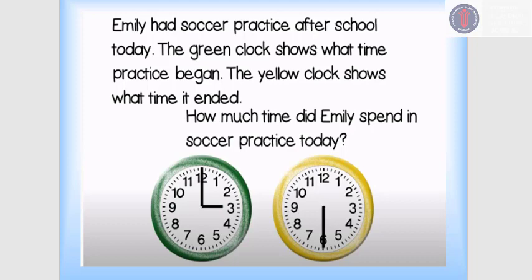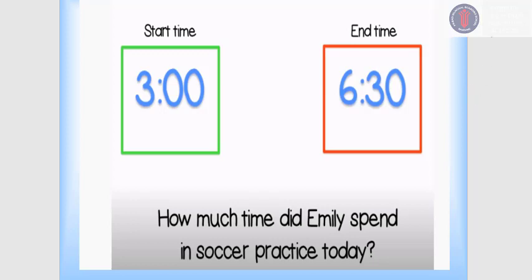So our start time is 3 o'clock and our end time is 6:30. So we need to find the change of time between 3 o'clock and 6:30 to know how much time Emily spent in soccer practice.